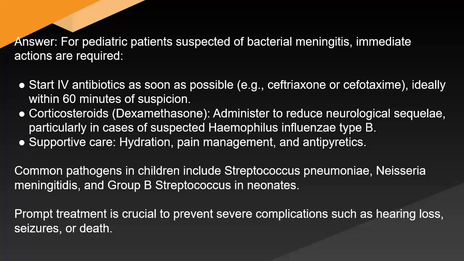Corticosteroids, dexamethasone, administered to reduce neurological sequelae, particularly in cases of suspected Haemophilus influenzae type B. Supportive care, hydration, pain management, and antipyretics. Common pathogens in children include Streptococcus pneumoniae, Neisseria meningitidis, and Group B Streptococcus in neonates. Prompt treatment is crucial to prevent severe complications such as hearing loss, seizures, or death.